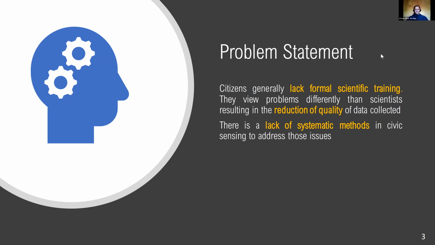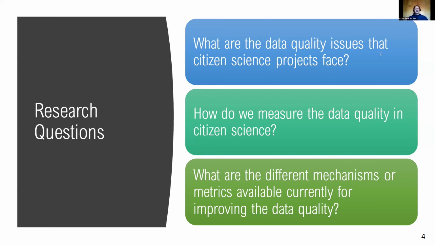Given this baseline, we had a few research questions. The first one: what are the typical data quality issues that you could face in citizen science, or nowadays even more so in digital citizen science projects? How would you measure the quality of the data which you collect? Because you need some sort of formalities to validate the data you get, to be able to say what the real quality of it is.